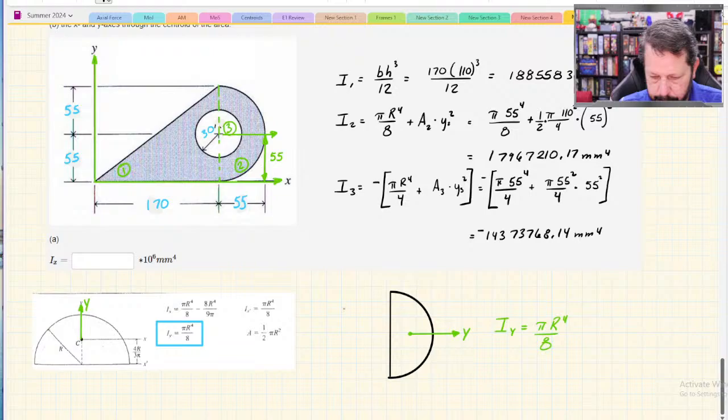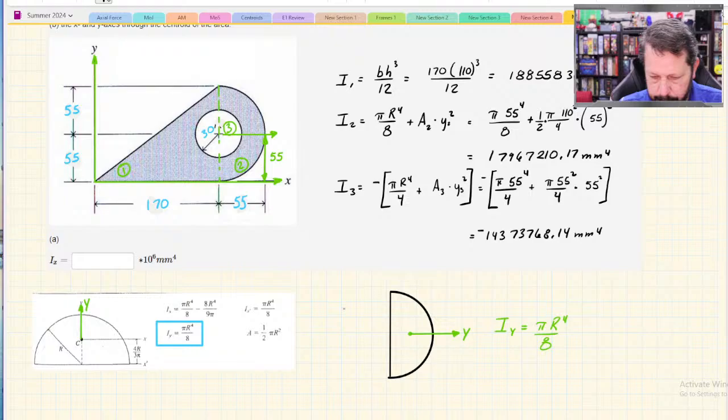Wait, no, that's an old question. Let's see. So now, let's add and subtract these and see if we're anywhere near what WebWork wants. 18855833.3 plus 17967210.17 minus 14373768.14.